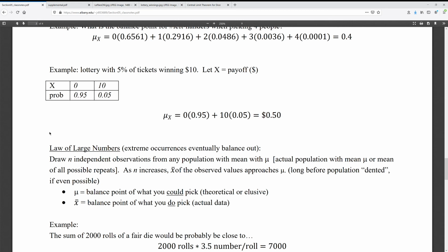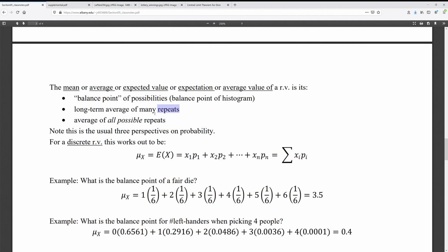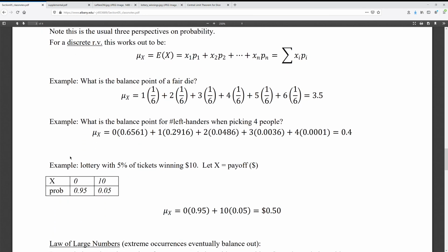But the technical version of the law of large numbers goes something like this in relatively ordinary English. It says that extreme occurrences eventually balance out. And all the law of large numbers is really saying here is what I said about 0.2, which is that the mean or average of a random variable, discrete or otherwise, is the long-term average of many repeats.